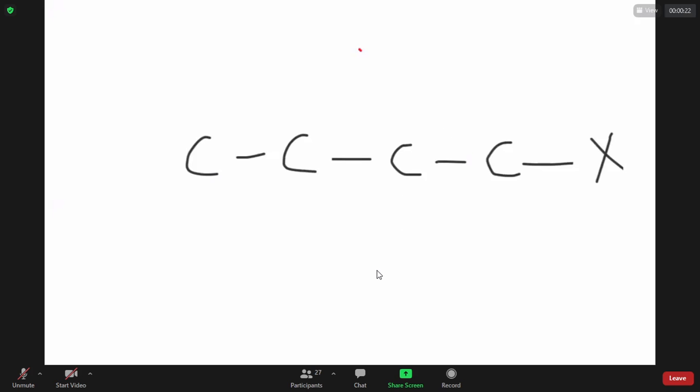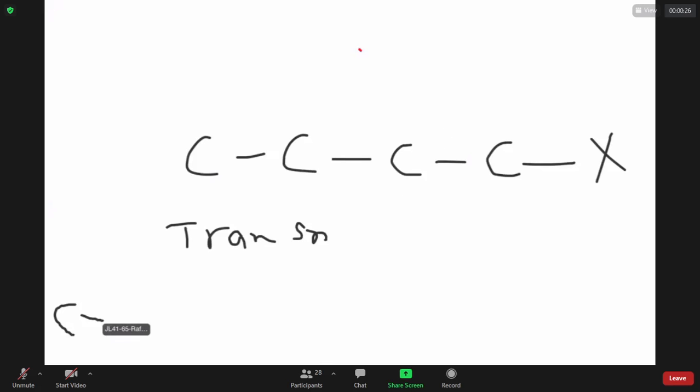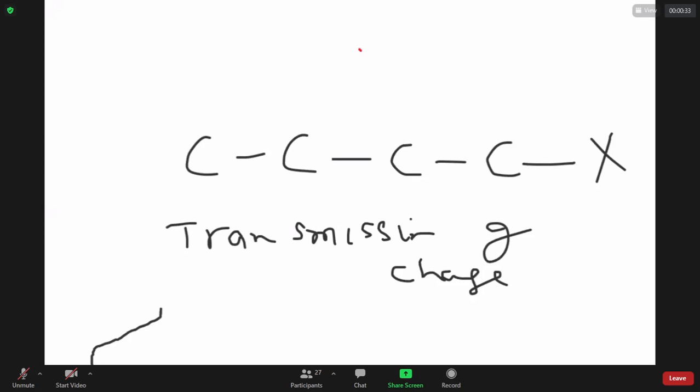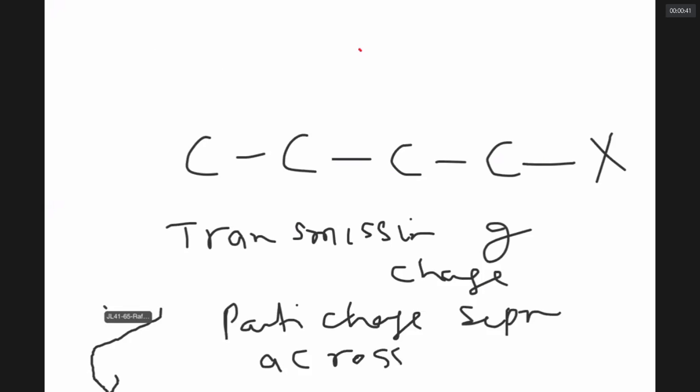What are the three key ideas, sir? Transmission of charge, partial charge separation across sigma bonds of carbon chain.